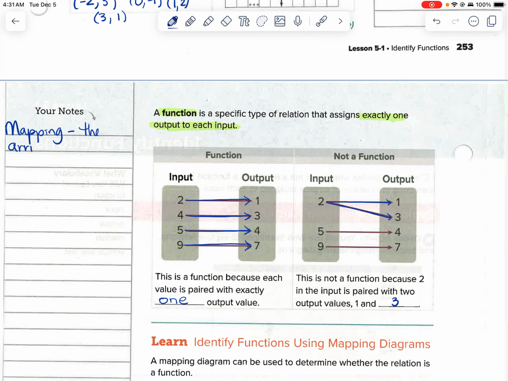Okay? So if I'm looking at mapping, the arrow can only go from one input, or x value, to one output.